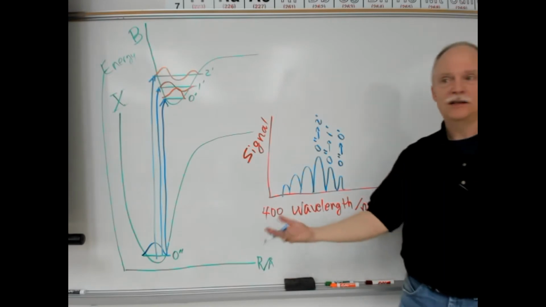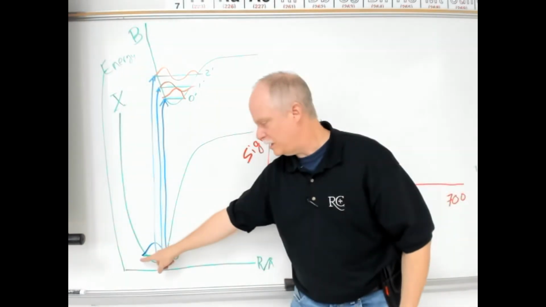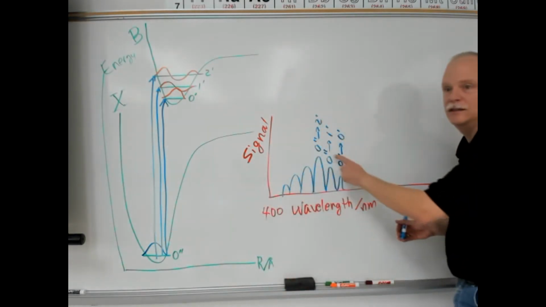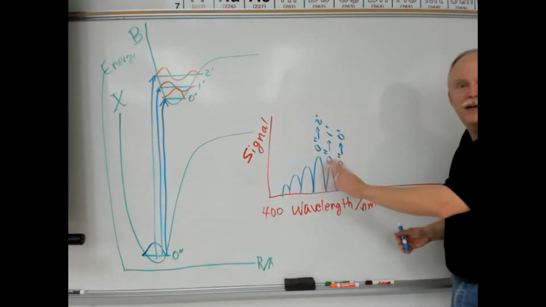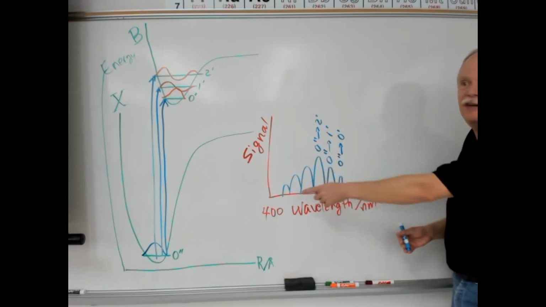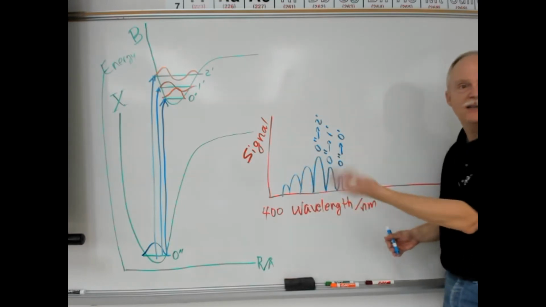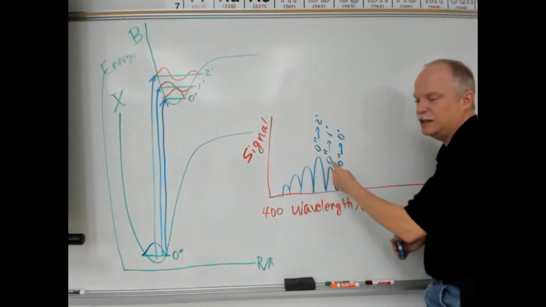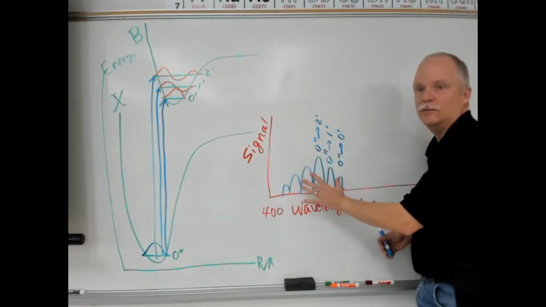It's the ground vibrational state. You see the way it looks, this Gaussian shape, looks just like this. It's not an exact match, but it's what's giving us this intensity pattern here. That's the Franck-Condon principle, that ground vibrational state will give us the intensity pattern in the absorption spectrum.